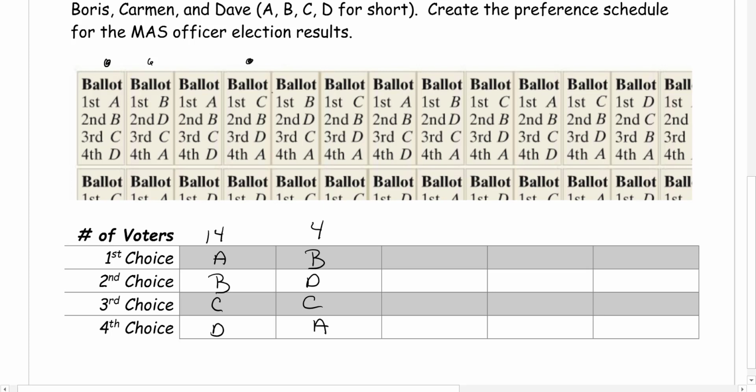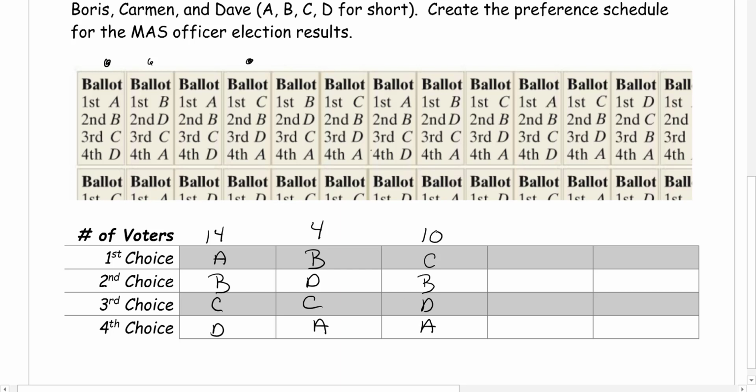Here's a new one, C, B, D, A. And you would count all of the ballots that have their preference as C, B, D, A. There are a total of 10 ballots that have the preference C, B, D, A on them.